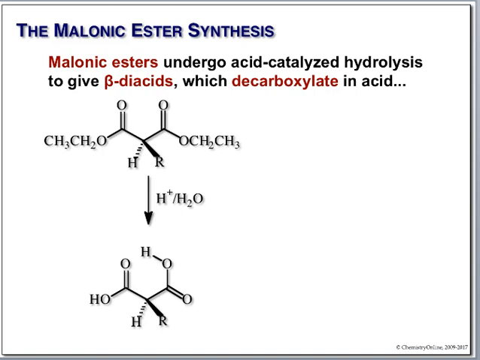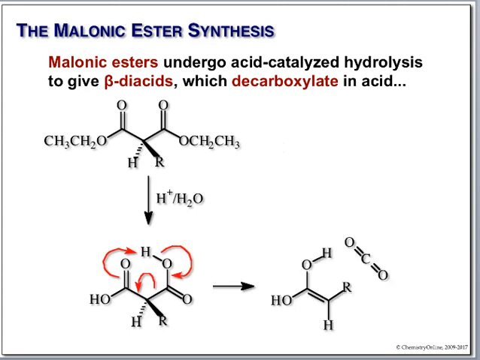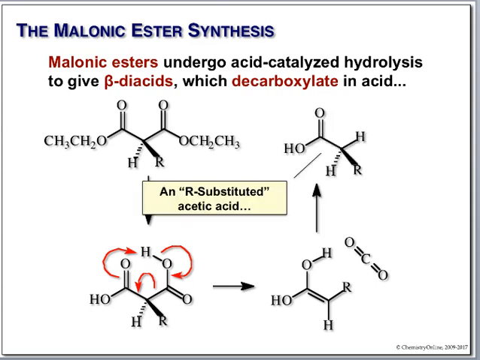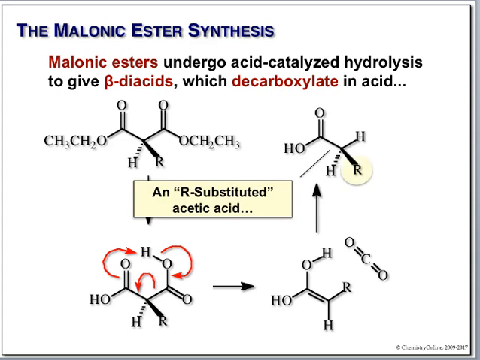Remember in our chapter on carboxylic acids, we talked about beta diacids? What do they do? Oh my goodness, they decarboxylate. And when they do, we're left with an enol again. But this is going to collapse quickly, and it makes a substituted acetic acid.